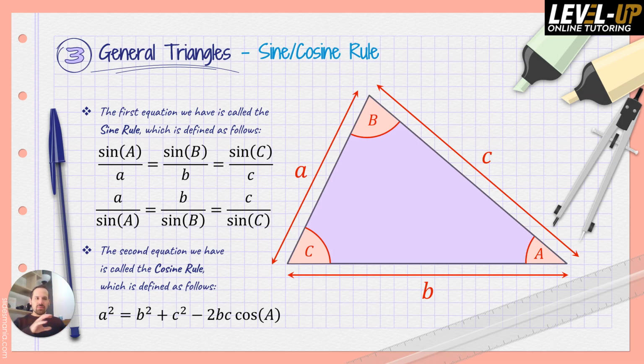Now, how I normally remember this is, in the subject of the equation, the a squared will match the angle. So you see the angle there is capital A, and we have a squared as the subject of the equation. And then the other two sides, in this case, the b and the c, fill in the space in between. You get b squared plus c squared minus 2bc cos A. And now the thing is, this is cyclical.